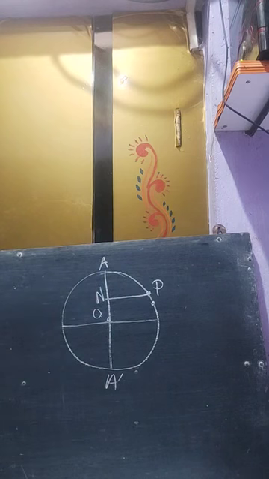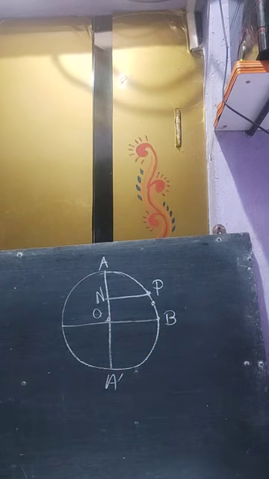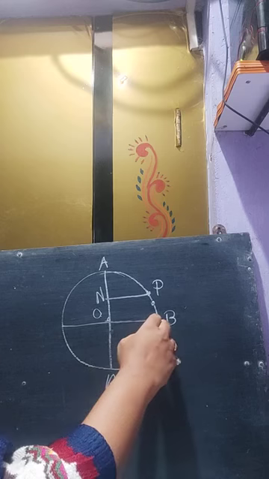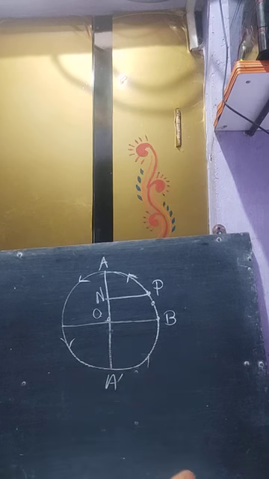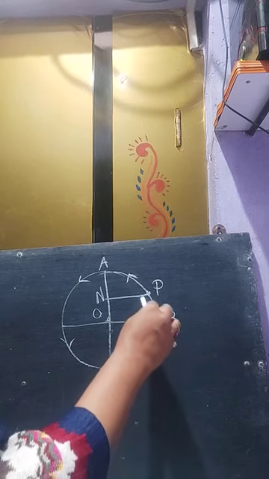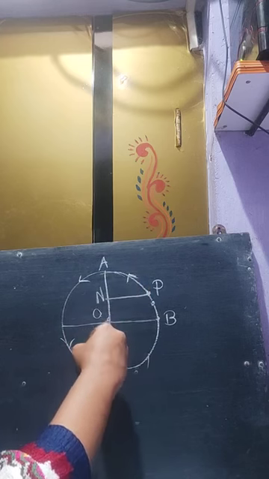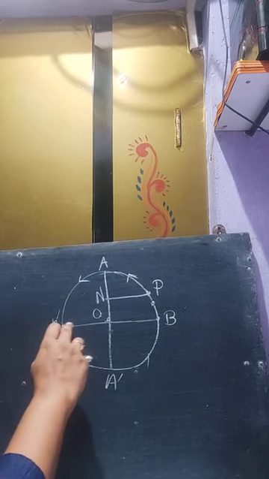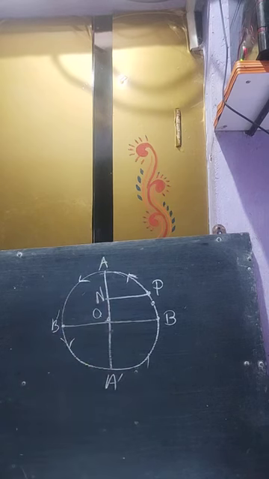When the particle was at the position B, suppose here, the projection was at the point O. When the particle moving along the circumference reaches the position A, in this direction, the projection moving along the diameter also reaches A. When the particle reaches this B dash point, the projection moves from A to here, right?